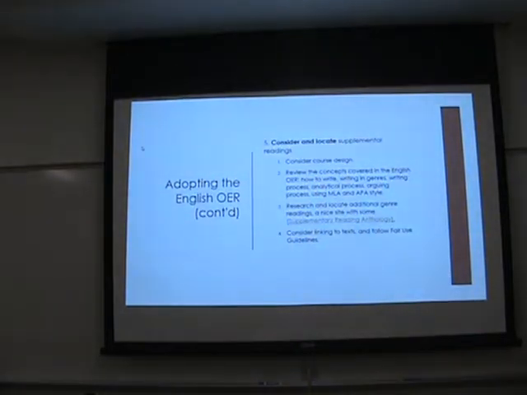And then step 5, adopting the English OER. So the OER mostly has things on like writing process, genres, like Tammy said, it has MLA, APA style, but you still have to find the texts that students analyze for genre, like the actual published essays, on your own, or there's a master shell in the dev server that you can check out.